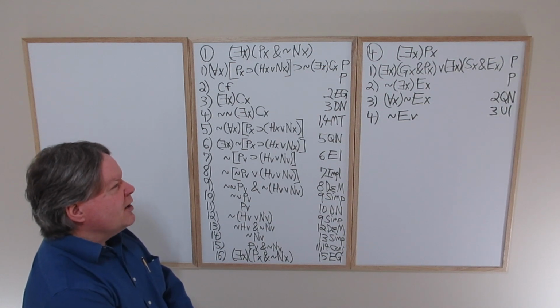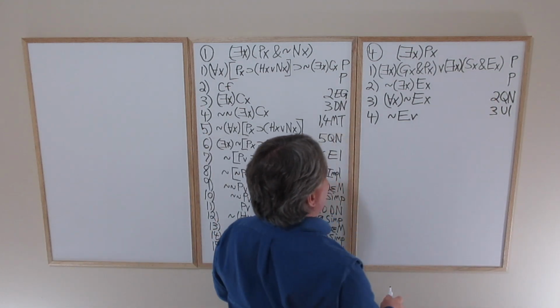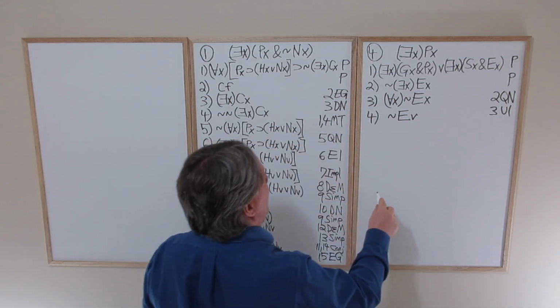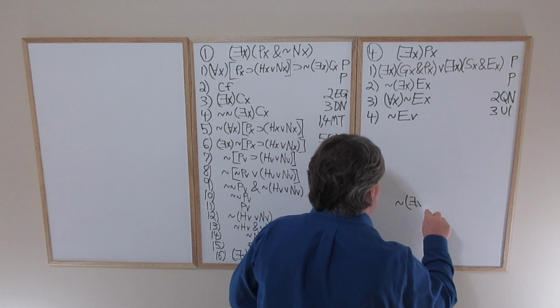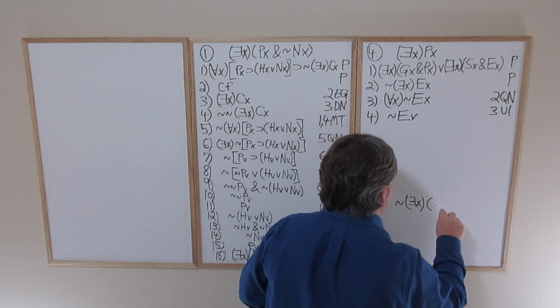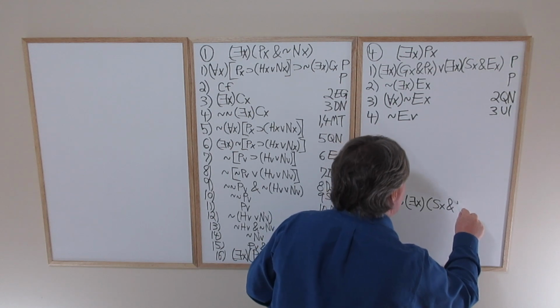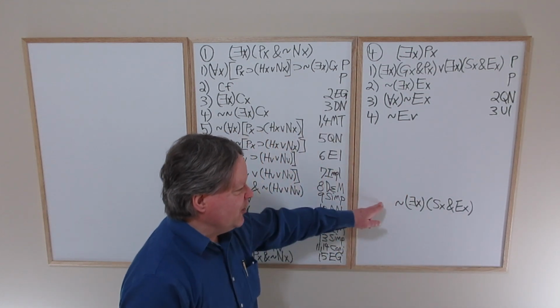So we want to end up with the negation of this. Maybe I'll just jot this down over here. It's not the case that there exists an X such that SX and EX. So how are we going to get this sentence?